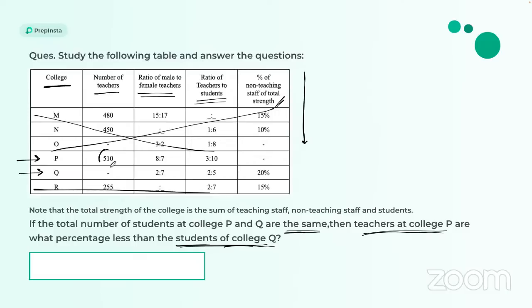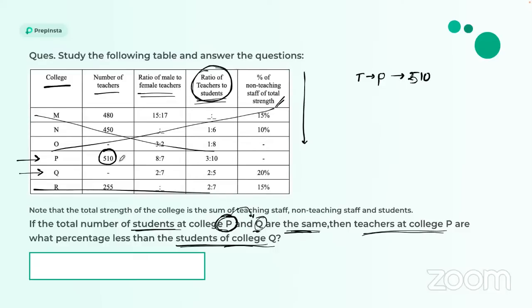College P number of teachers is 510. Next, you need to find the number of students in Q. Student strength is not given, but they have given the ratio of teachers to students, right? So look at the first statement: the total number of students in colleges P and Q are the same. So if you find the total number of students in P, it is the same as Q.